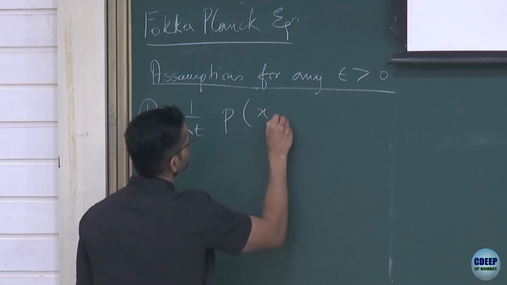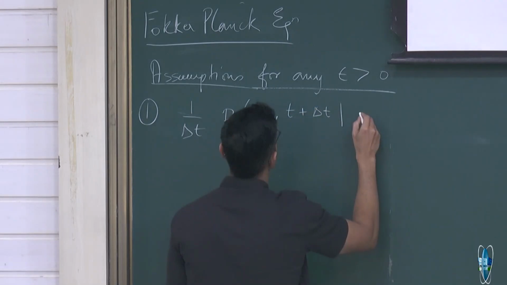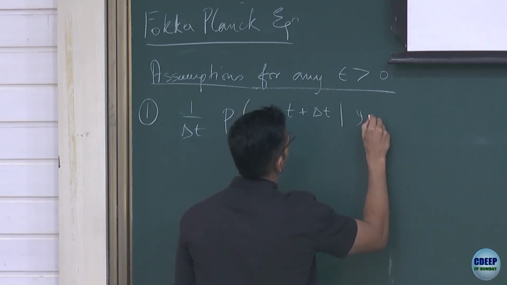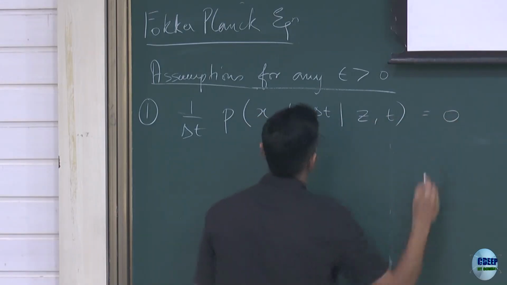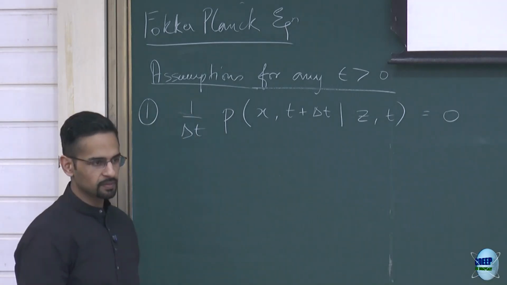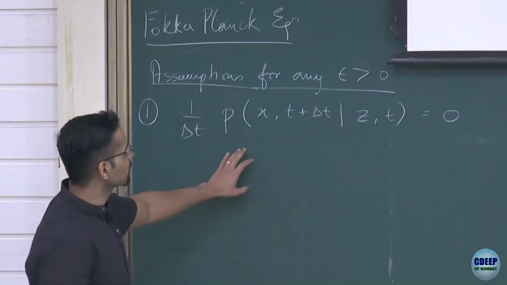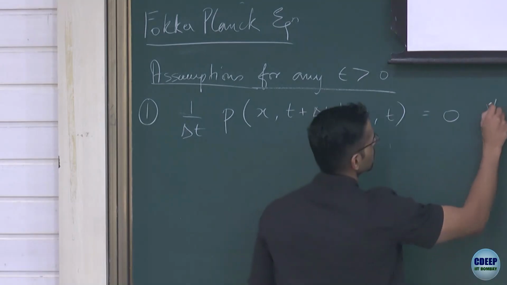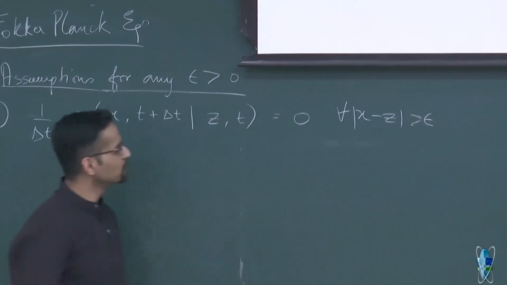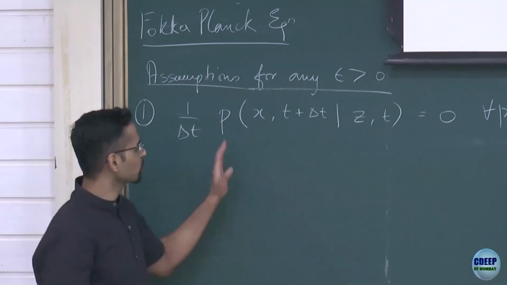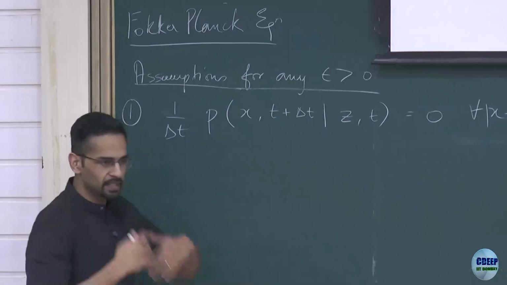what we would like is that the following probability, this is the first thing I want. So if you look back to your Lindeberg condition, it looked at the integral of this probability and said that the integral for x minus z, where the step is greater than epsilon, should go to 0.